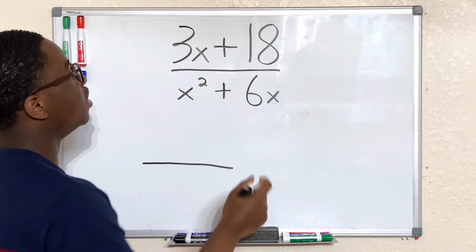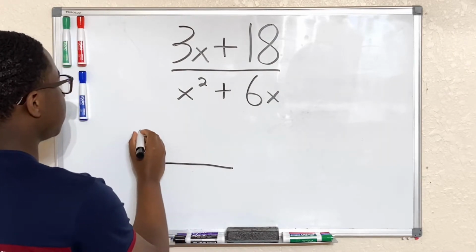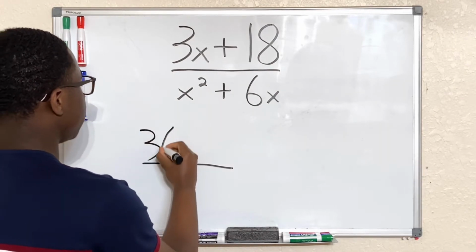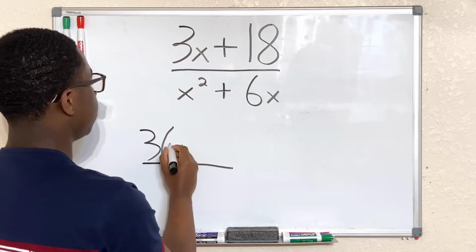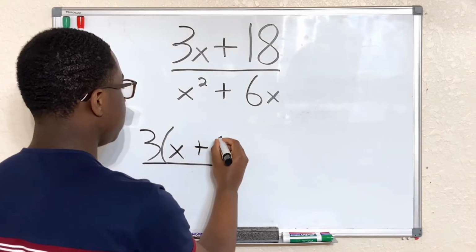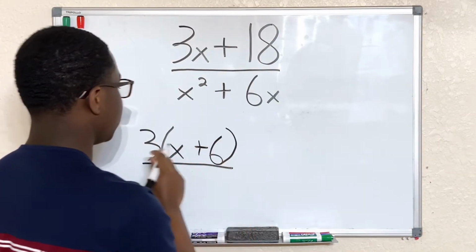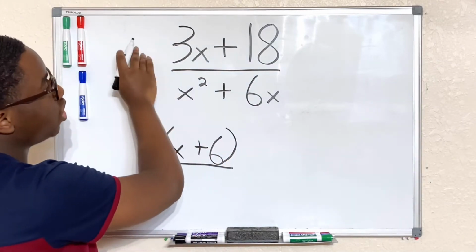So we know that our GCF for our numerator is going to be 3. You write 3 by the side and draw parentheses. 3x divided by 3 gives you x. Then 18 divided by 3 gives you 6. So here we have 3 times (x plus 6). And if you multiply this back, you'll get the same answer as what you have here.